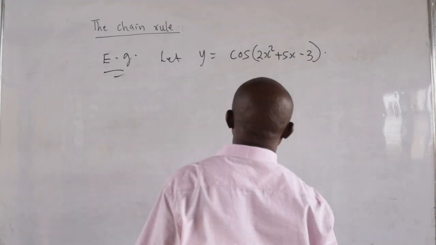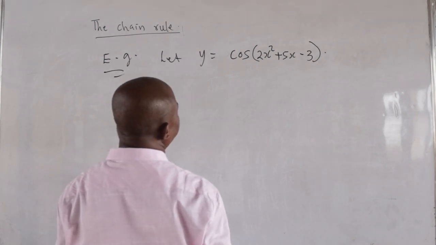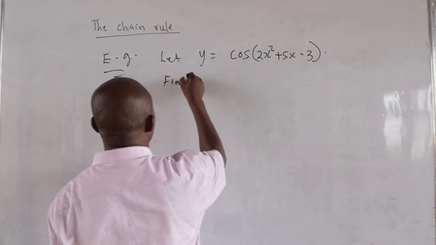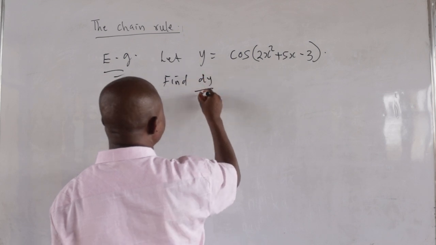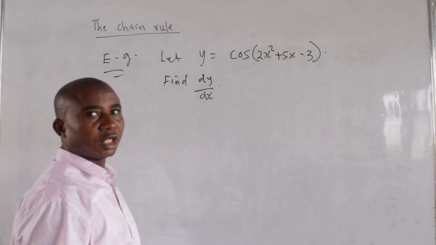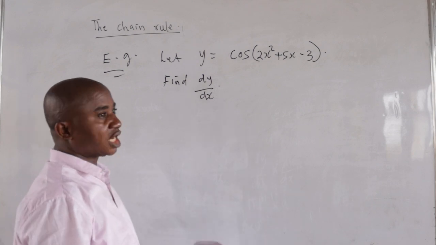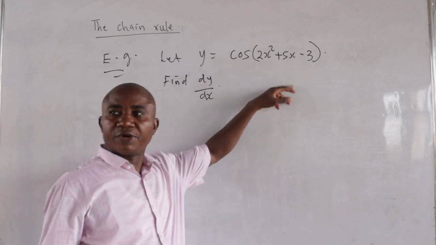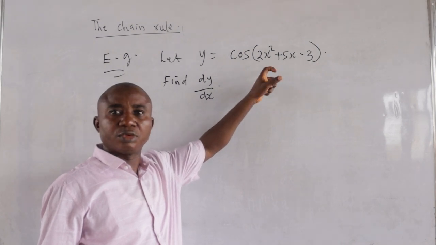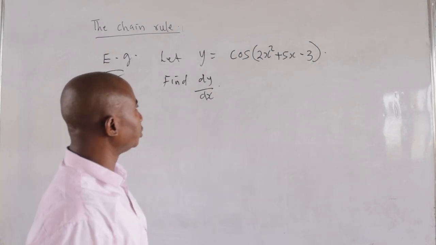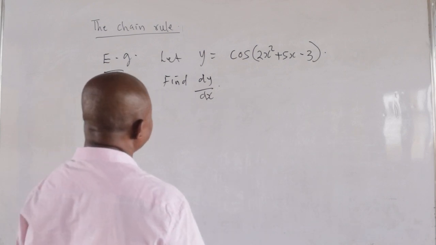And the question is, find the derivative of y with respect to x. This is a situation where we can apply the chain rule because we can rewrite this as a function of another function that is differentiable with respect to x. So if we do that now, you see how it comes out nicely.